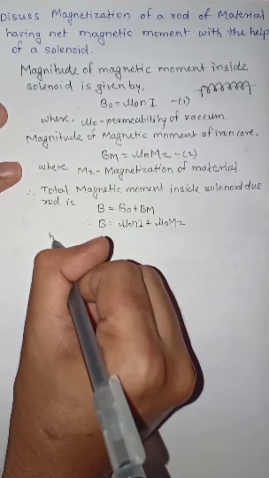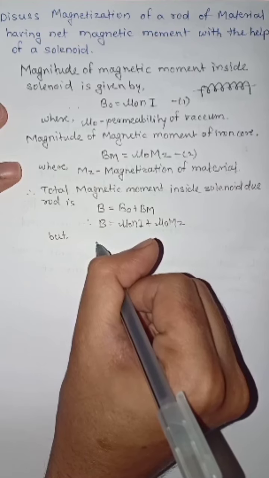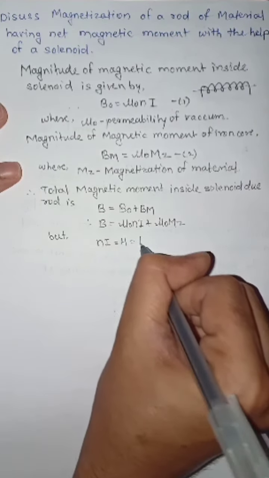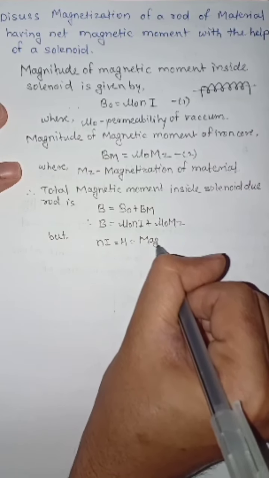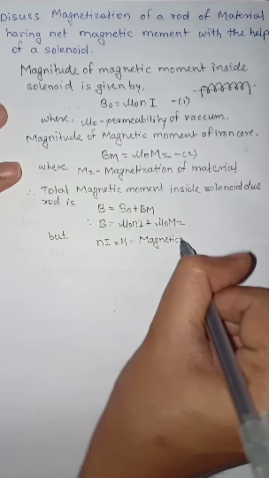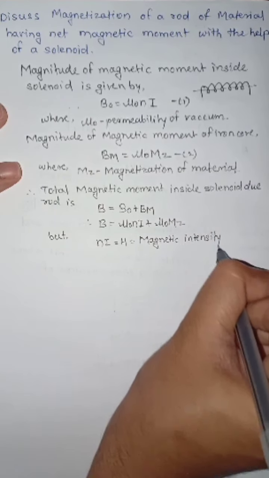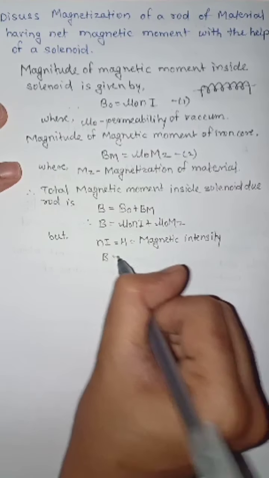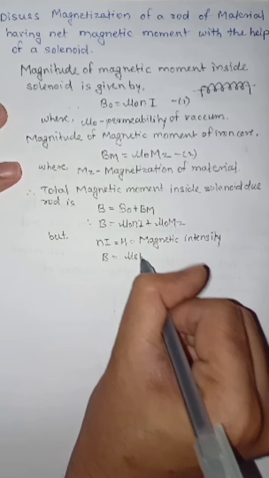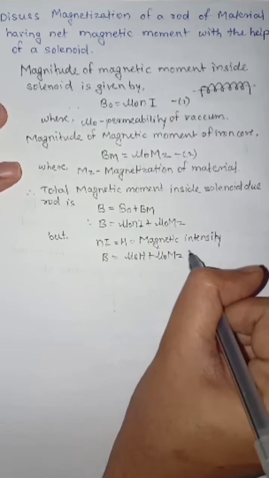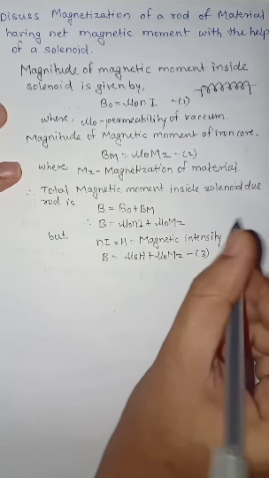Therefore we get here mu0 Ni plus mu0 Mz. Okay, but Ni is nothing but H, which is called magnetic intensity, and thus we get here B is equal to mu0 H plus mu0 Mz. This is our equation number 3.